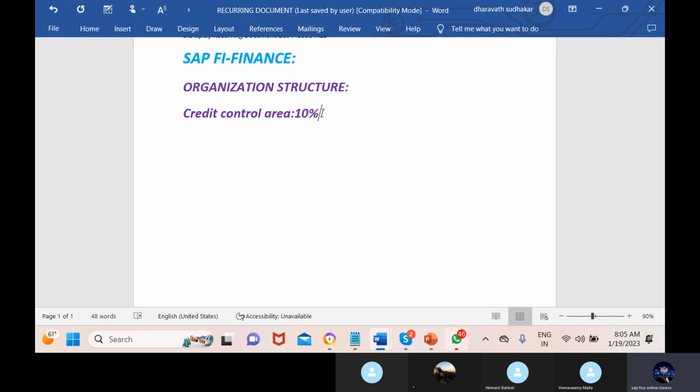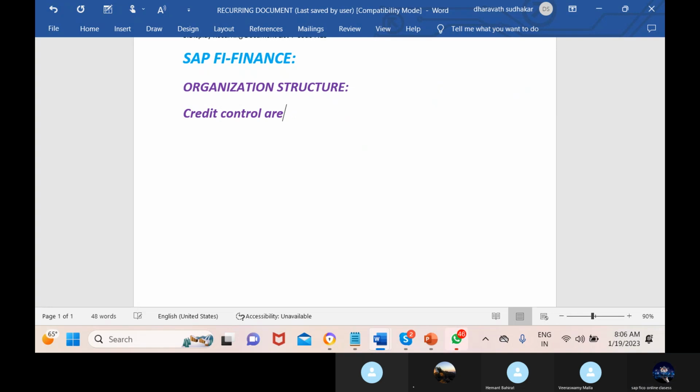So why do we configure credit control area? The main reason is to put a limit on the credit while we're selling products to our customers, and it affects two areas: one is the finance module and the other is the sales and distribution module.